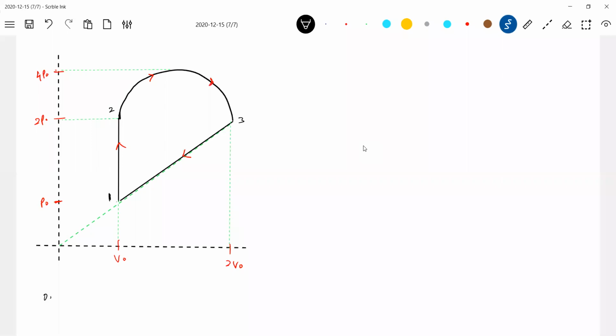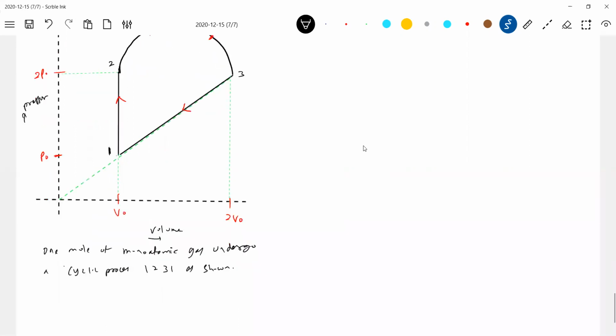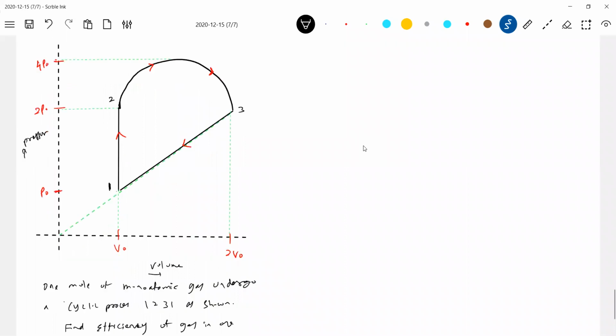So 1 mole, volume, there's a pressure. 1 mole of gas undergoes a cyclic process 1, 2, 3, 1 as shown. Find the efficiency of the gas in 1 full cycle. Yeah, the same thing, we have to calculate the efficiency.